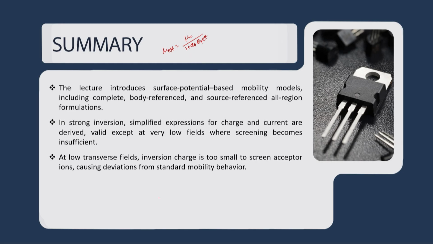We have also seen that mu effective in general depends on several voltages: mu naught divided by 1 plus theta into VGS minus VT plus 2 times gamma into square root of phi naught plus VSB, plus 1 minus 0.5 alpha into VDS. This will be minus. So we do have a dependence on VDS and VSB in the mobility effect model. However, we can ignore these factors with a good amount of approximation to get a simple model when we model the current equation including the mu effective.